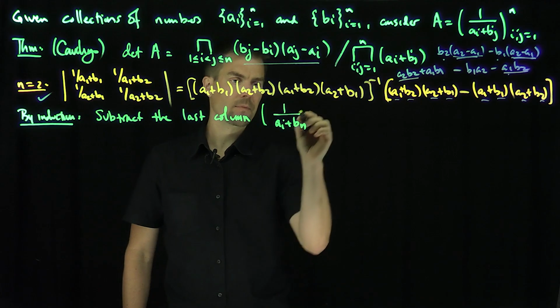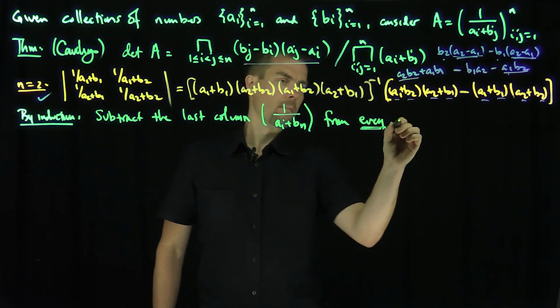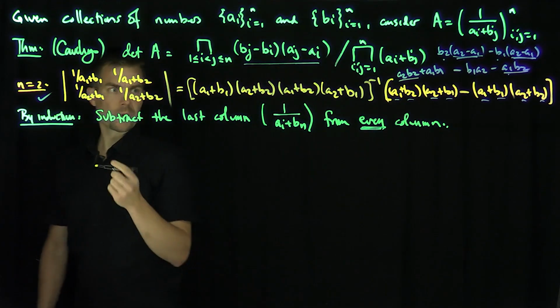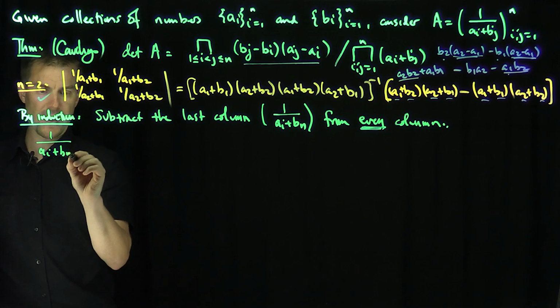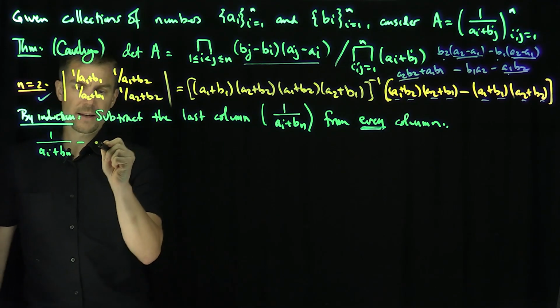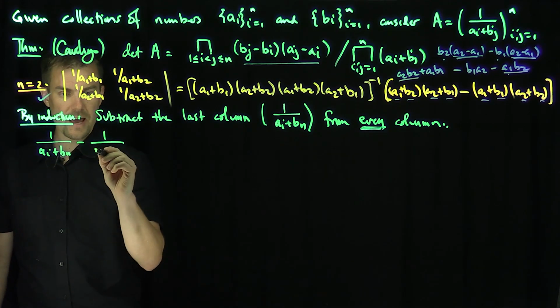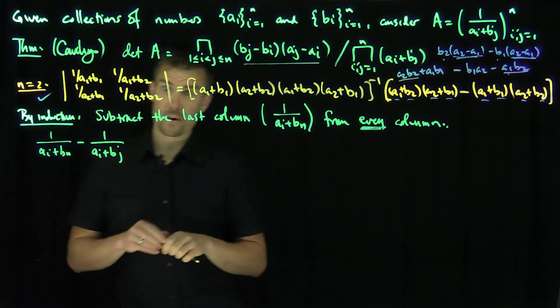That's the last column from every column. Okay. If we do so, what are we going to get? We're going to have a factor of 1 over a_i plus b_n minus 1 over a_i plus b_j for the jth column over there.